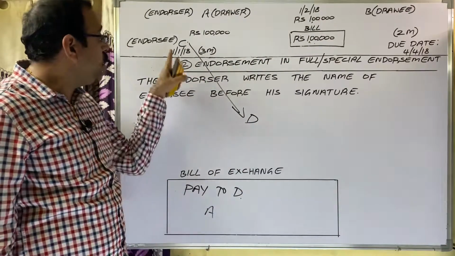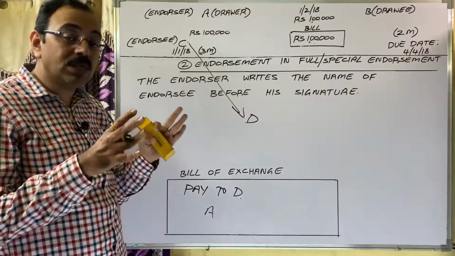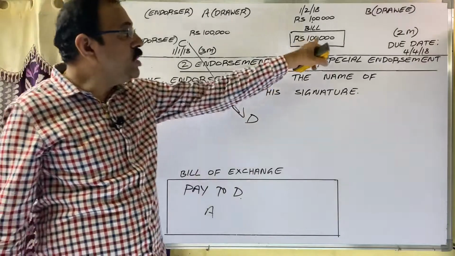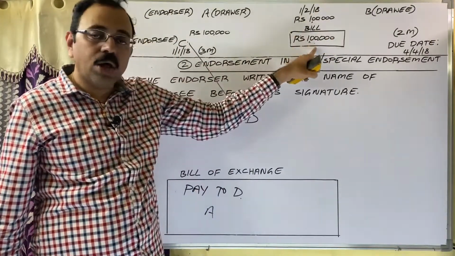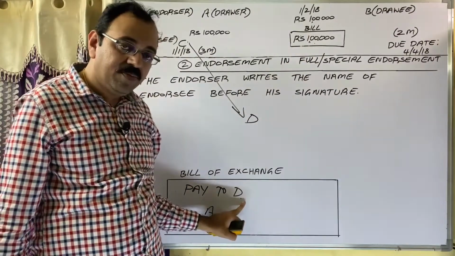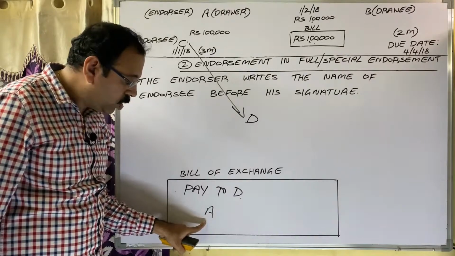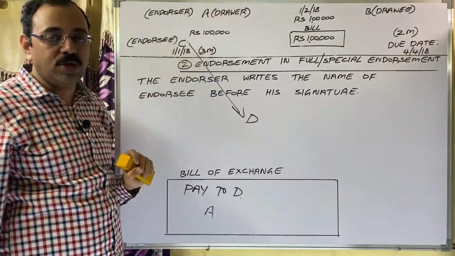And here the advantage to C is, he is relieved from endorser responsibilities. For example, the bill is dishonoured by B. B failed to pay the money on this bill to D. In that case, A's signature is there on the bill now. Then D can directly go to A and demand that amount.